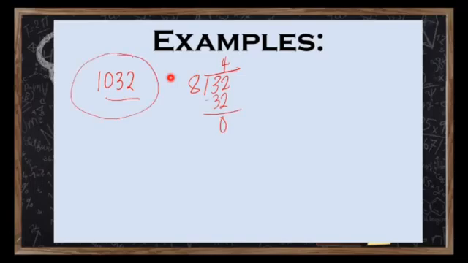Therefore, 1,032 is also divisible by 8. Another example, 4,056. The last 3 digits here are 056. 56 is also divisible by 8. So therefore, 4,056 is also divisible by 8.